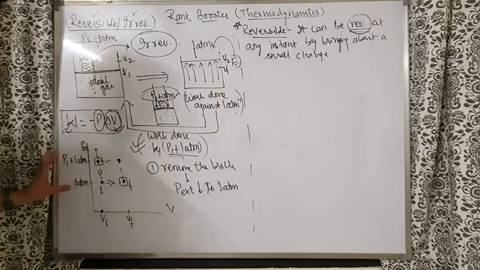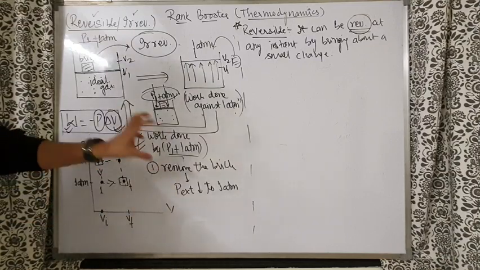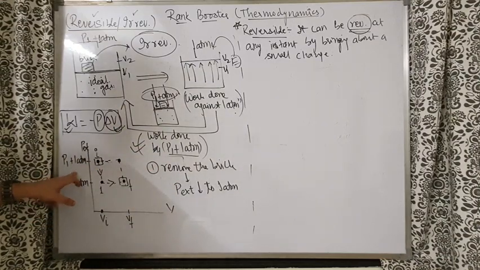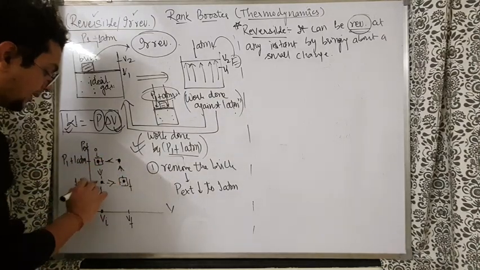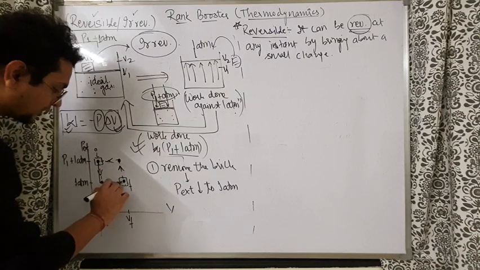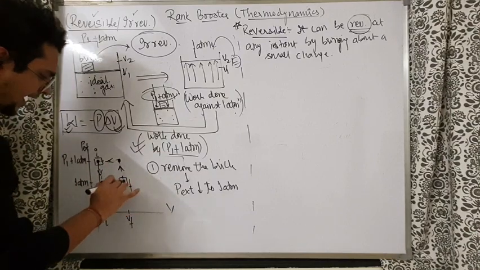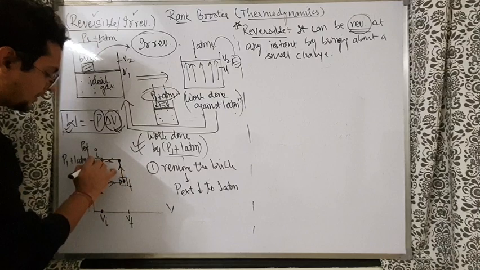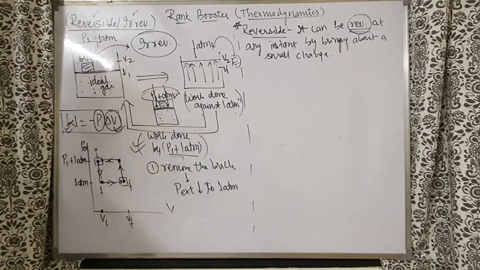So external pressure was 1 atm. When I put the brick, it becomes 1 atm plus P1, and then the gas compressed. So you can understand that while going forward, this was the path you took, and while going backward, this was the path you took, and clearly these two paths are not the same.